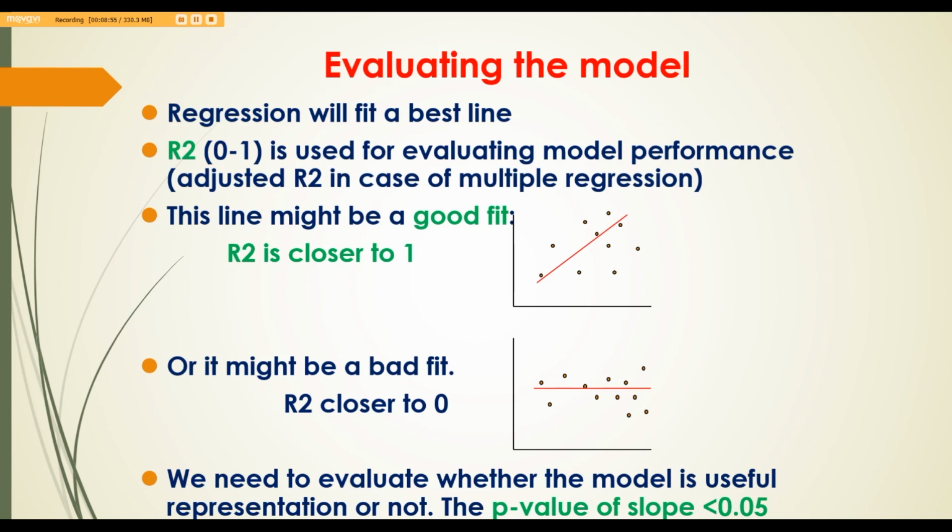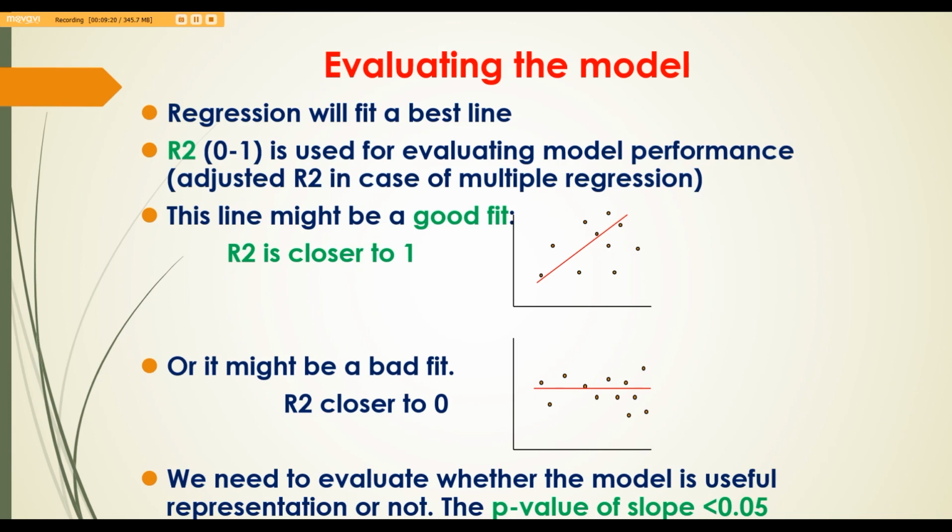R square basically tells us the proportion of variation in y, the response variable, that your model is explaining. So if your R square is, say, 90%, then we can say that the model explains 90% of the variation in the value of y.